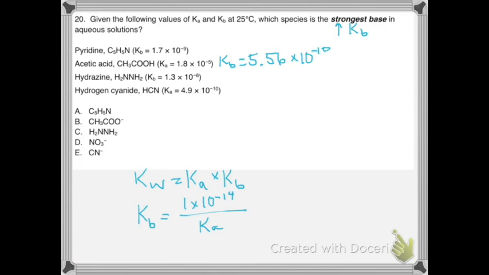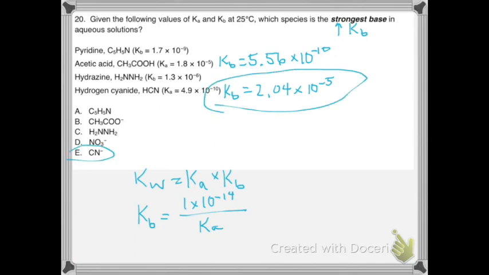We can find the Kb for cyanide, and it's 2.04 times 10 to the minus 5. Okay, so let's just find the biggest Kb, because that'll be the strongest base. And the biggest Kb is the hydrogen cyanide.